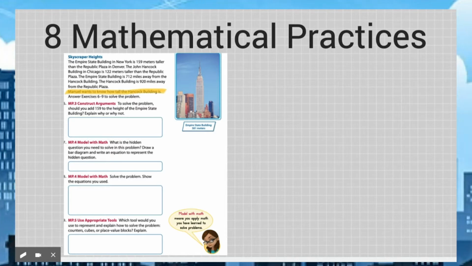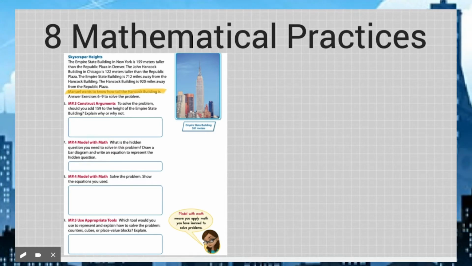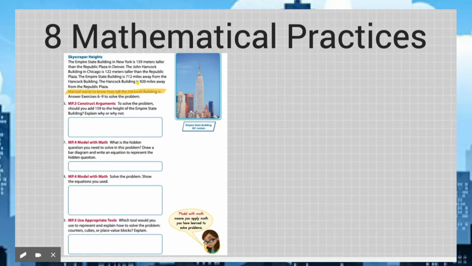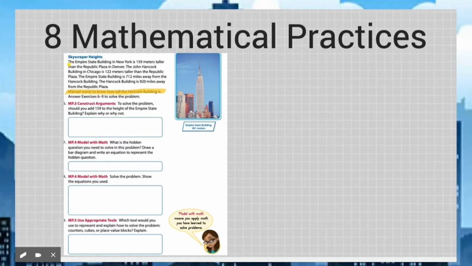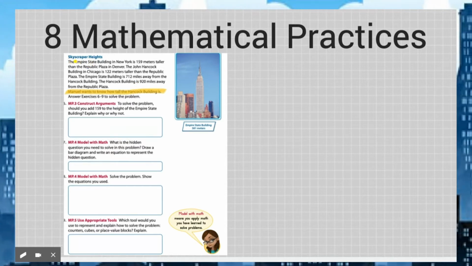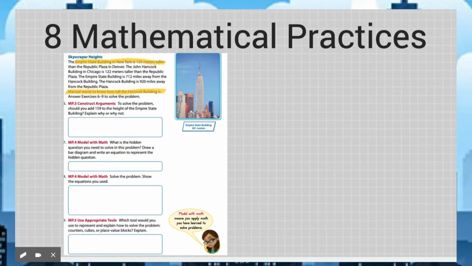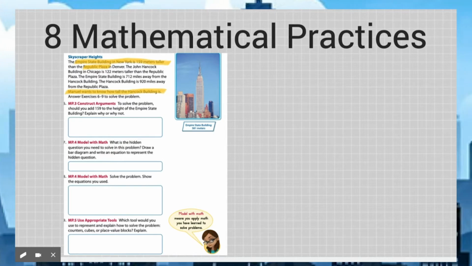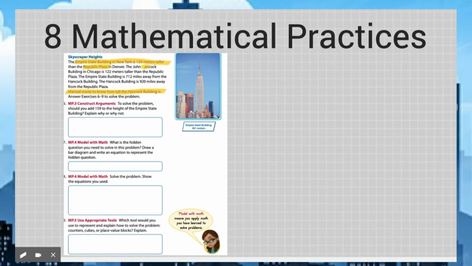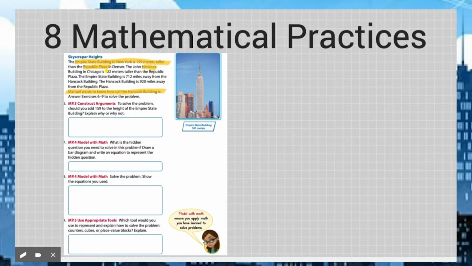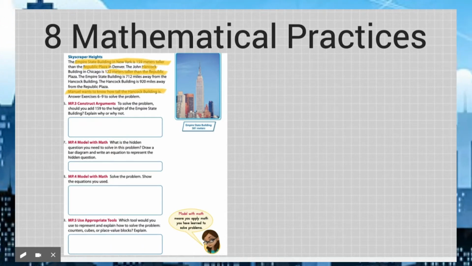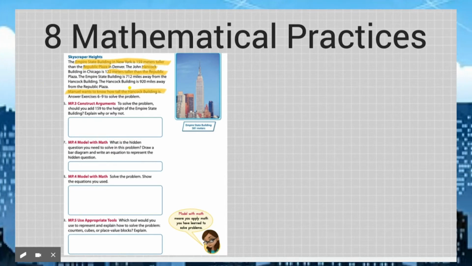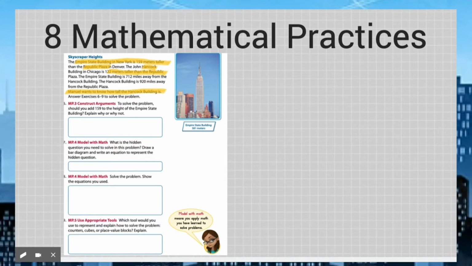Now, as I think back to our mathematical practices, remember one of the practices is to use the information that we know. So let's figure out, what do we know? Well, we know that the Empire State Building is 159 meters taller than the Republic Plaza. We also know that the Hancock is 122 meters taller than the Republic Building. In the problem here, it doesn't really tell us how tall the Empire State Building is.